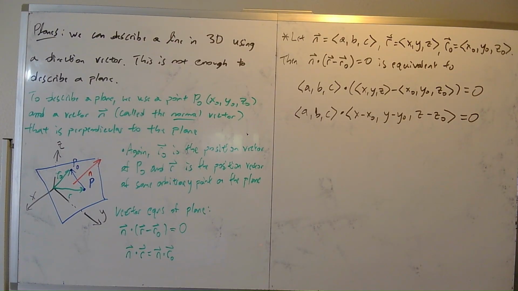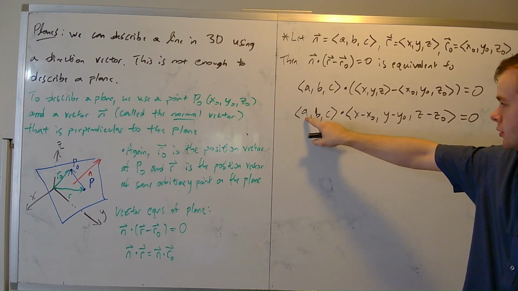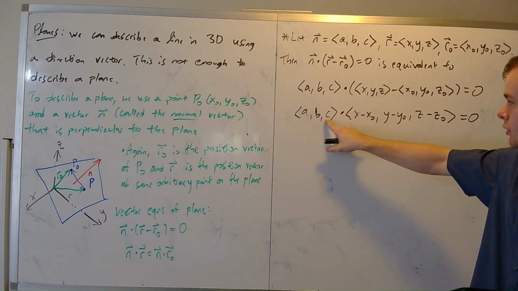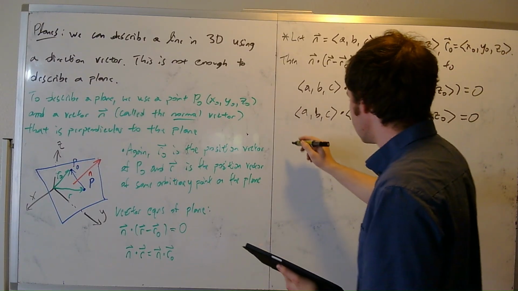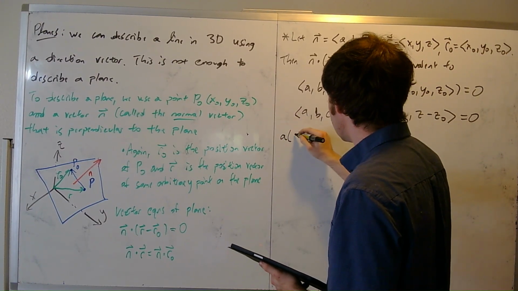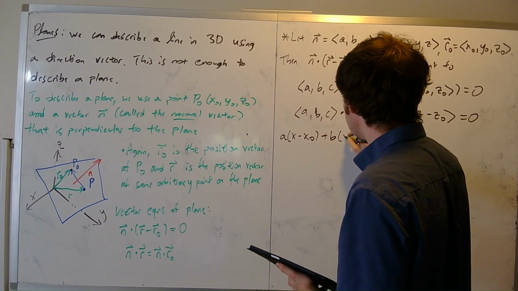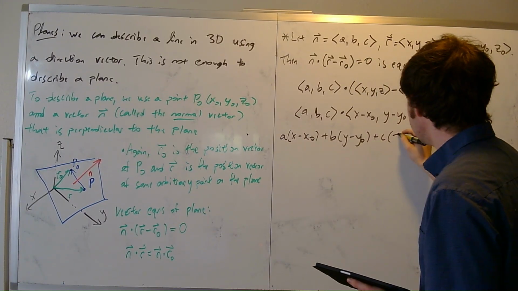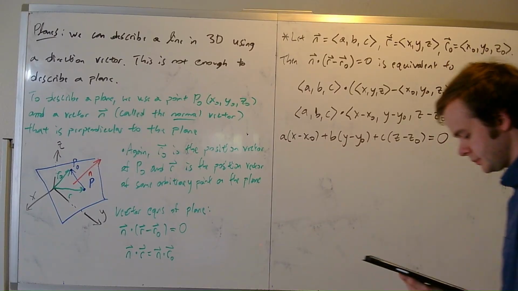Okay, and now we can just go ahead and take the dot product. Remember, when we're taking a dot product, we just multiply the components. So we multiply the x components, plus we multiply the y components, plus we multiply the z components. So if we do that, we're going to get a times (x minus x0) plus b times (y minus y0) plus c times (z minus z0) equals 0.